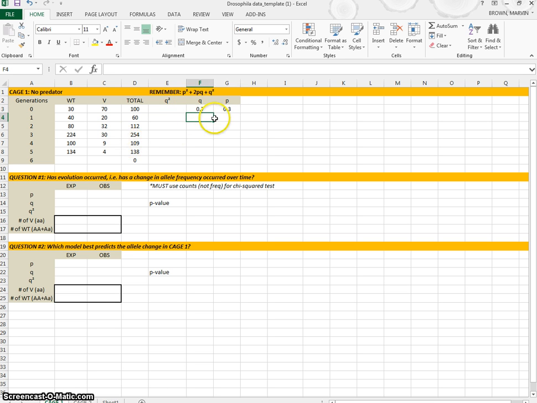That just tells us 30% are wild type and 70% are vestigial. Now we know these are this because they are homozygous. We know this because when we ordered them, that's the way they were. Just ignore sex, that doesn't matter.